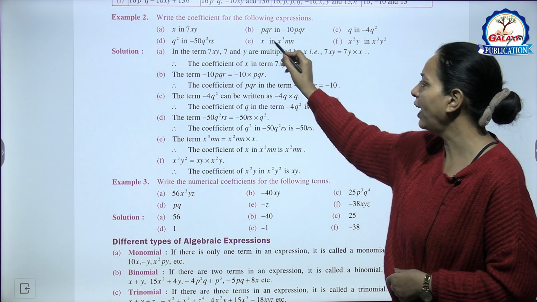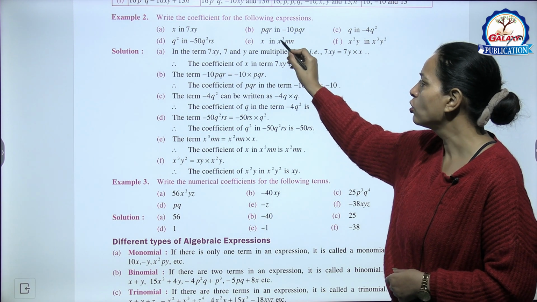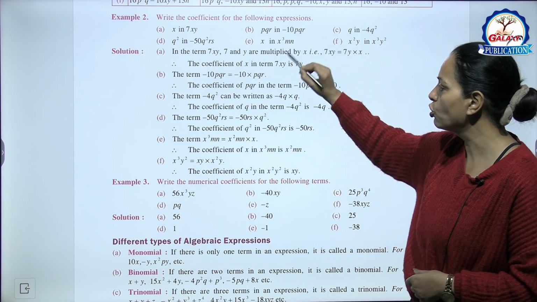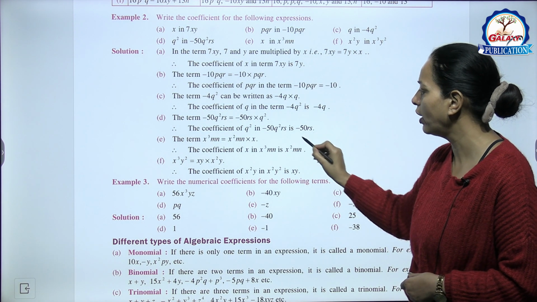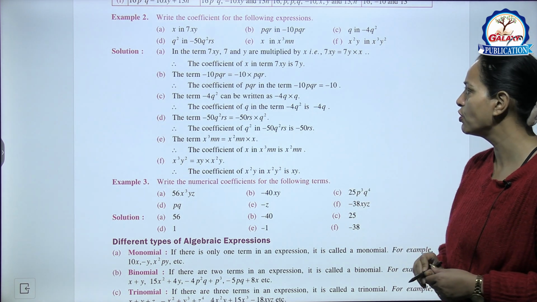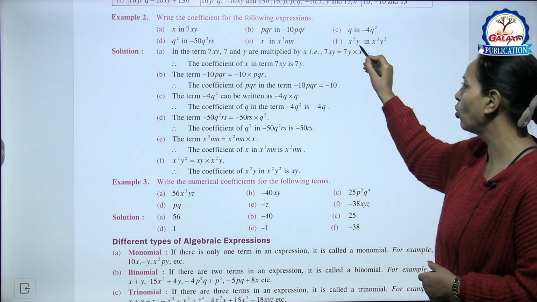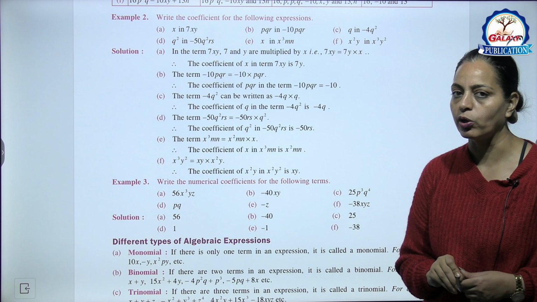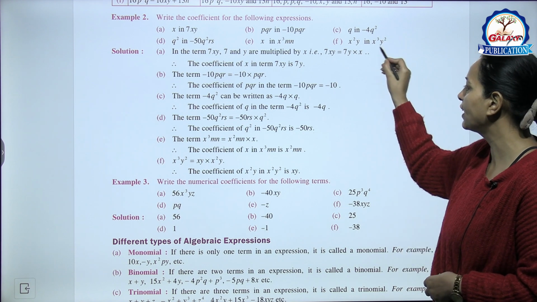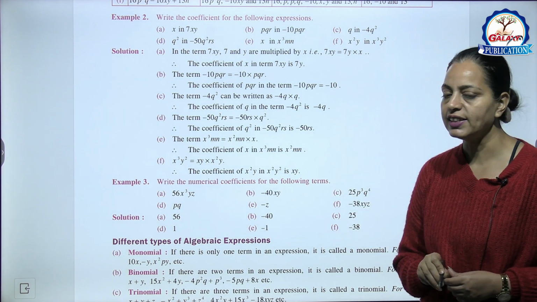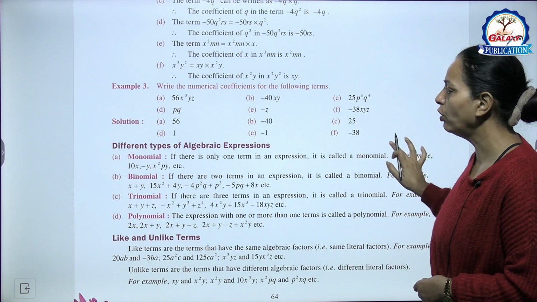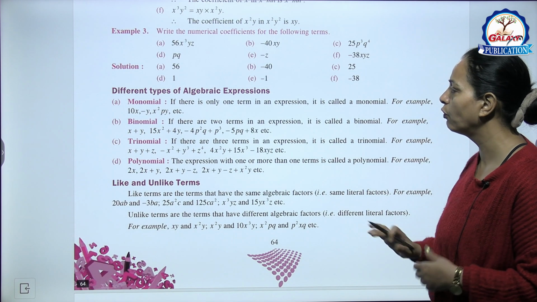Now E part, x in x cube mn, so we leave x, what is left is x square mn. This is the coefficient. Now F part, x square y in x cube y square, so what will you get? You will get xy only. Answer is xy. Example 3, write the numerical coefficient of the following terms.